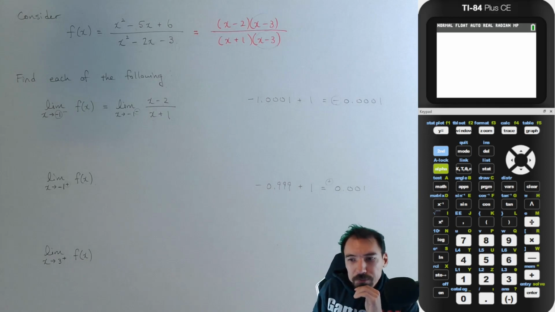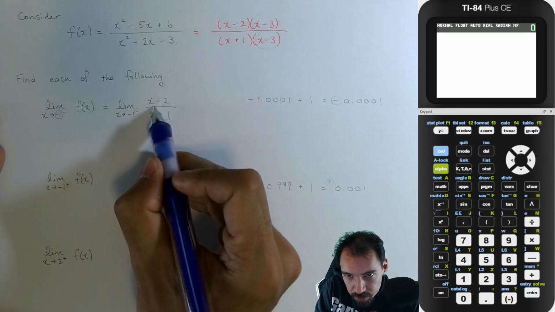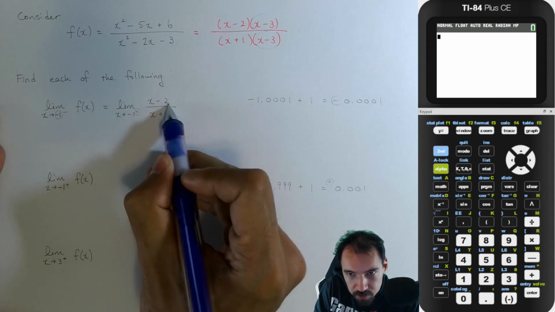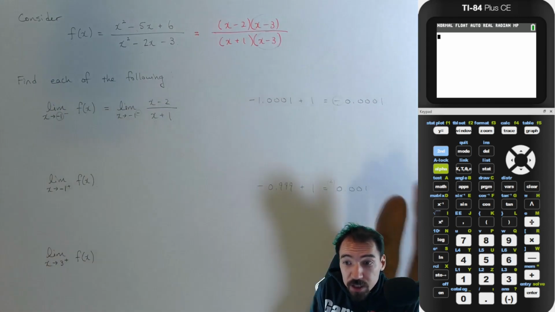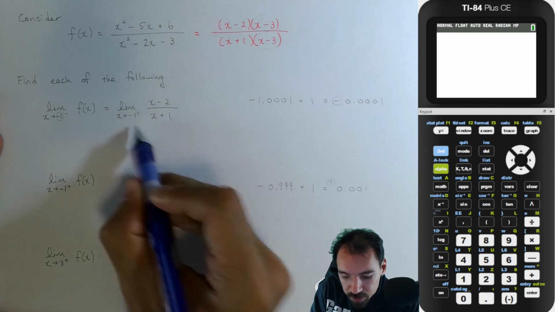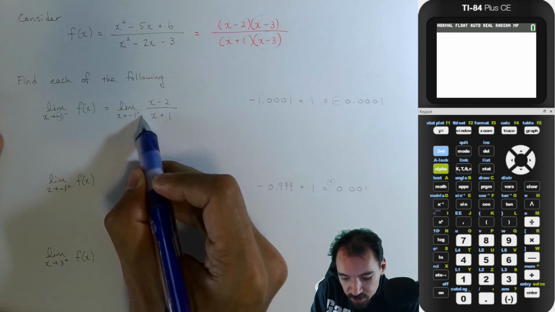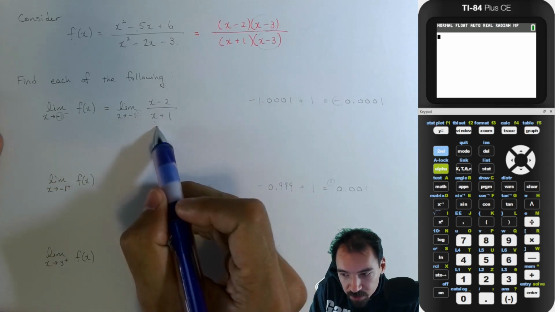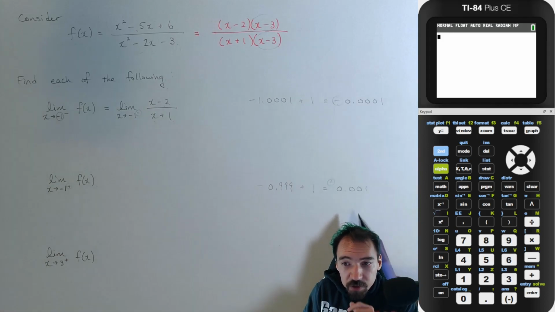Now, why would this matter? Because on the top, a number close to -1 minus 2 is just always a negative number. It's close to -3. But on the bottom, depending on whether x is less than -1 or greater than -1, it changes whether the denominator is negative or positive. And that's a very important change.